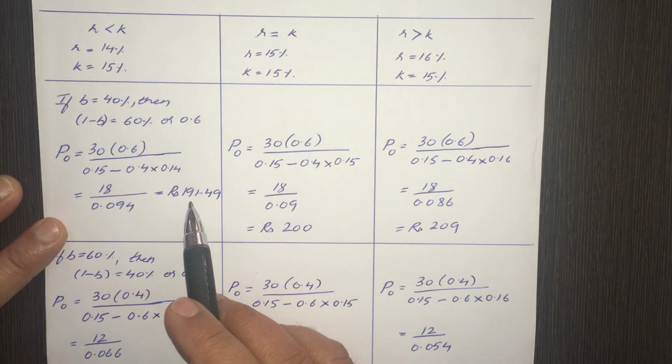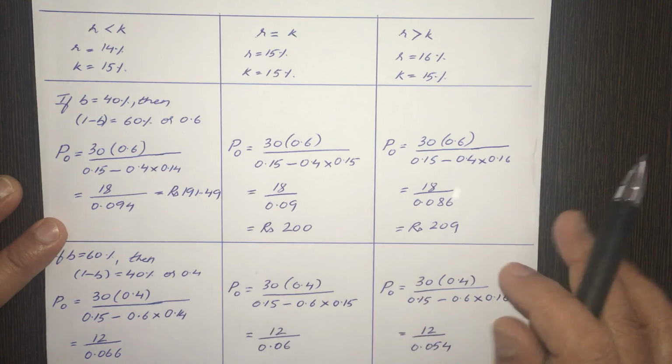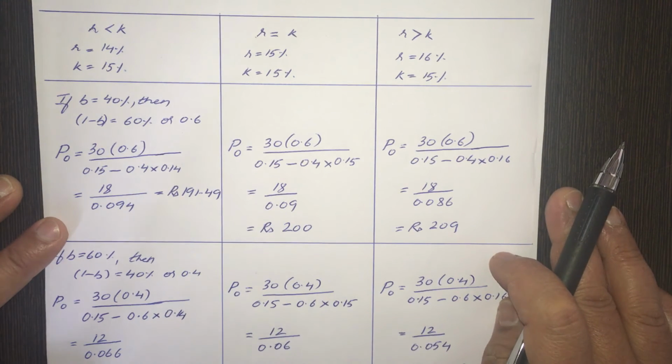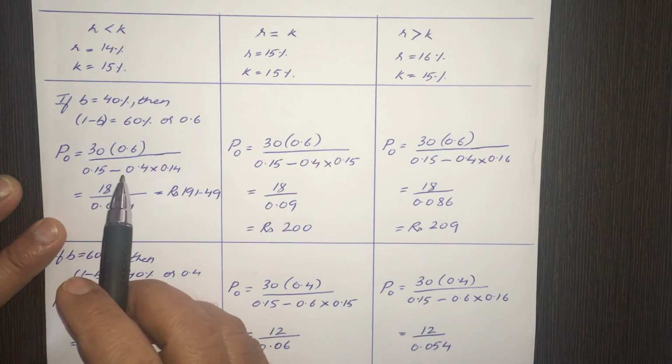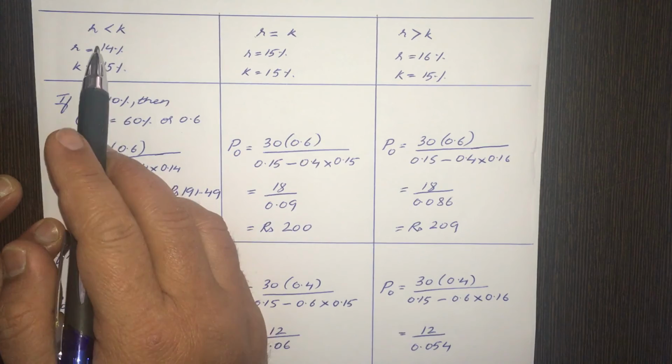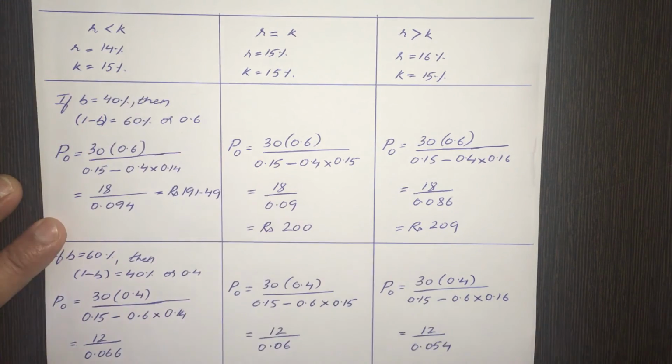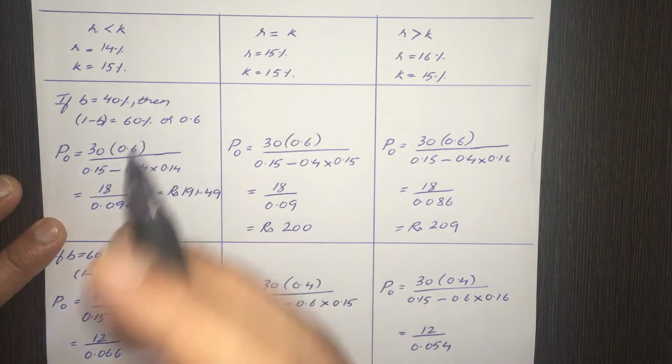And again, the firm's goal is to maximize shareholders' wealth by maximizing the market value of the share. So therefore, the optimal payout ratio for a declining firm where R is lesser than K should be 100%.